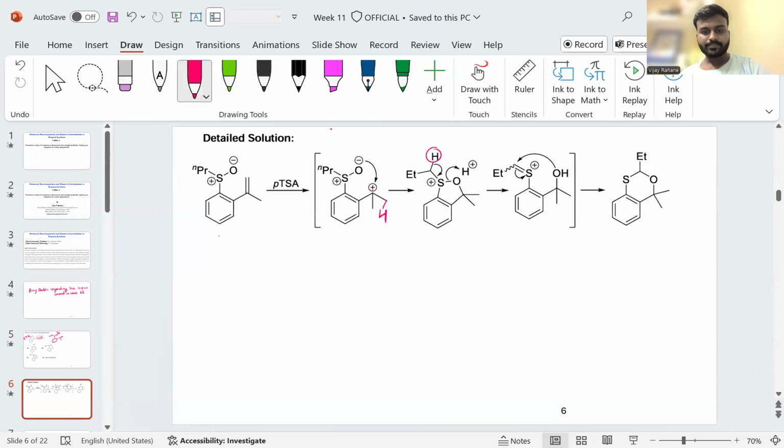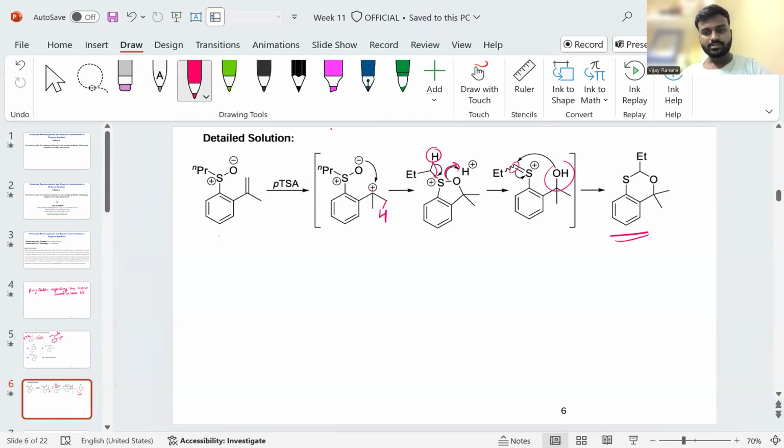Further, upon deprotonation, followed by the S-O bond cleavage, it gives the S plus cation, which is converted to alcohol, which now attacks on this carbon. So it gives the formation of this product.